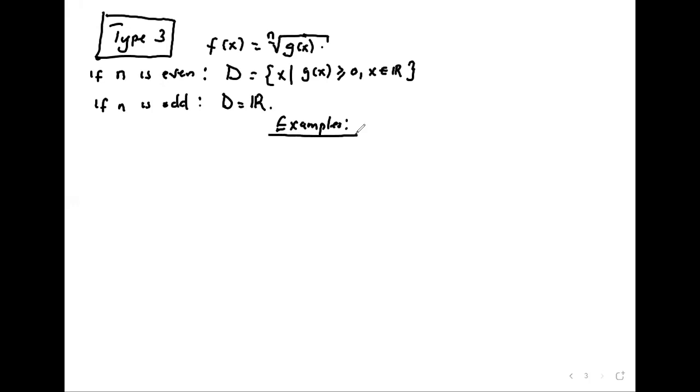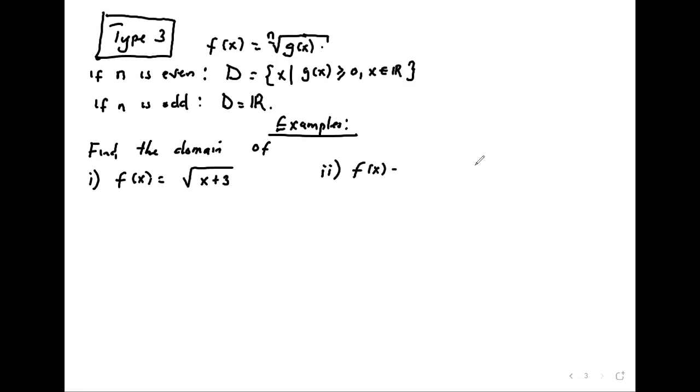Let's give examples so we can see the meaning there. So examples, find the domain of: 1, f of x is equal to the square root of x plus 3. 2, f of x is equal to the cube root of x minus 4.